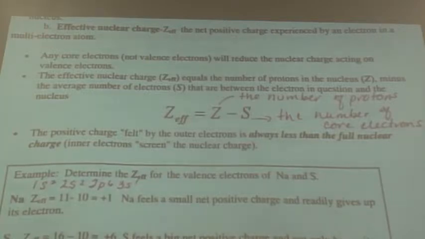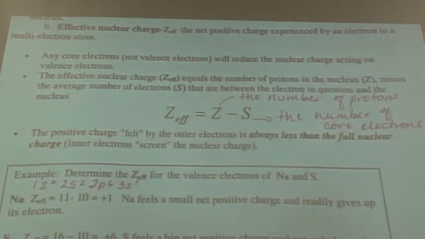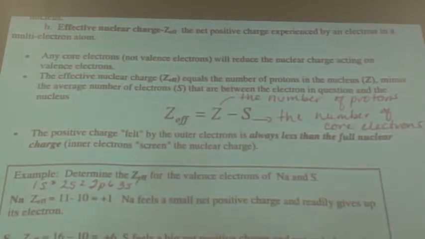The 3s1. So we have 11 protons in the nucleus. Our first energy level holds 2 electrons. Our second energy level holds 8 electrons. And then our third has that one last electron. Is that correct? Yep. This is the valence, these are core.